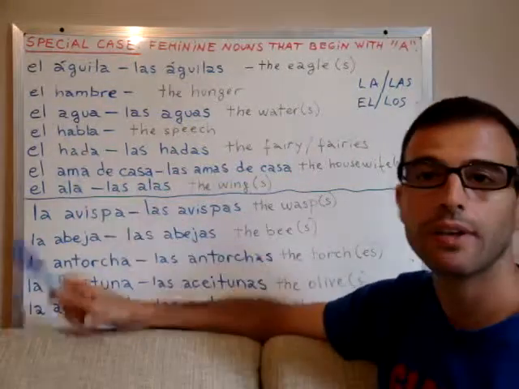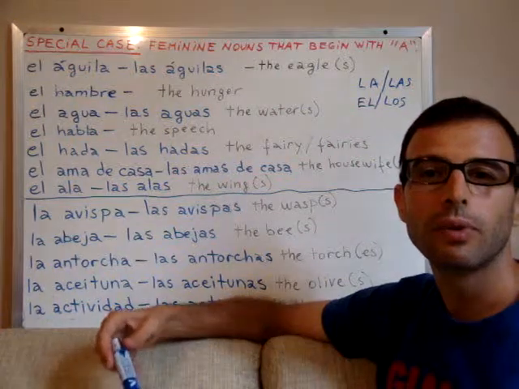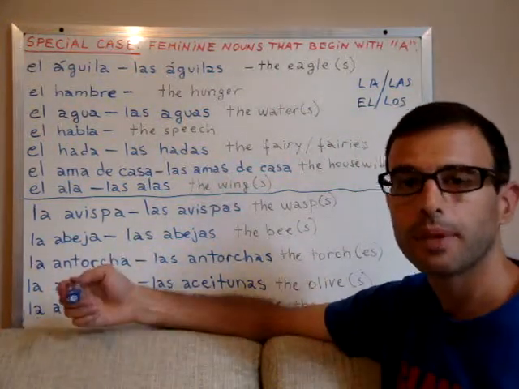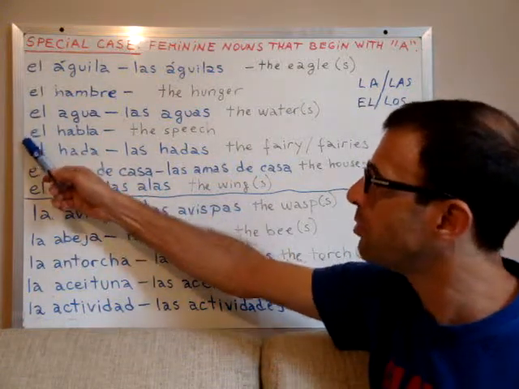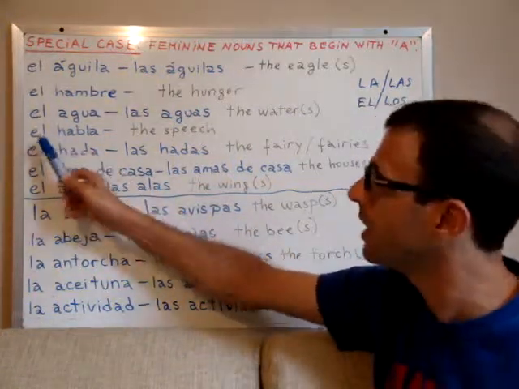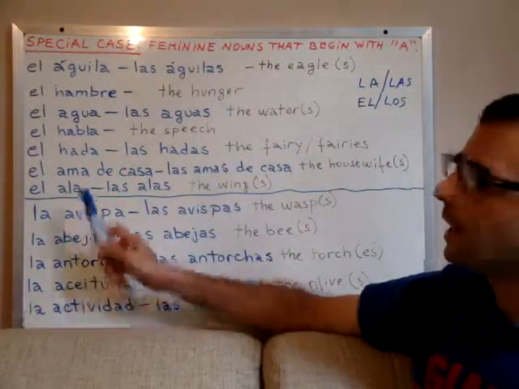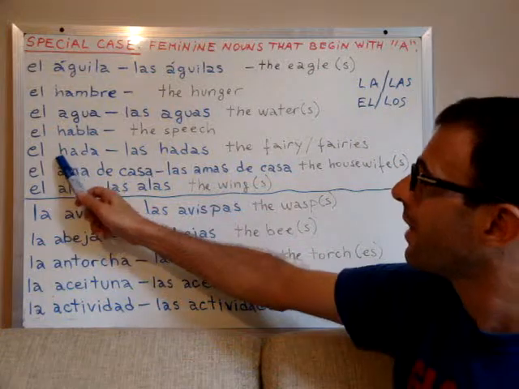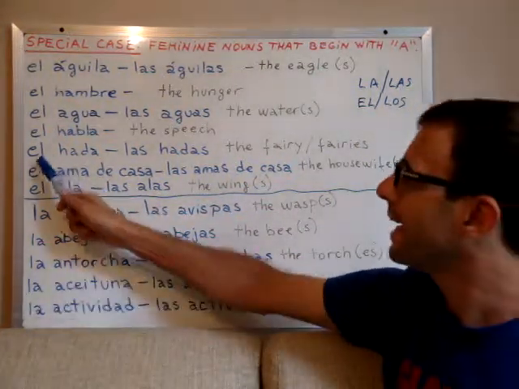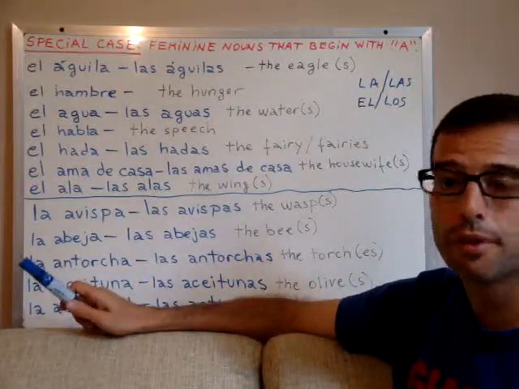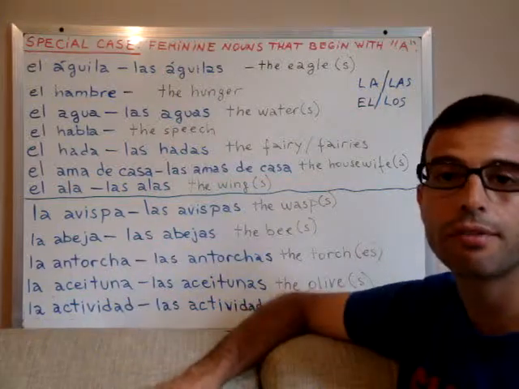Habla is actually a feminine noun; somebody can say mucha habla. But when we use the determined article, we have to switch to the masculine and we say el habla. A fairy is hada. We say el hada for the fairy or las hadas for the fairies.